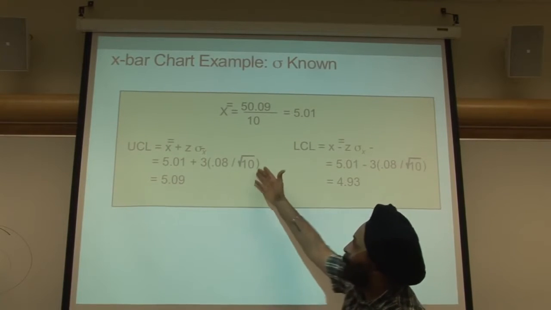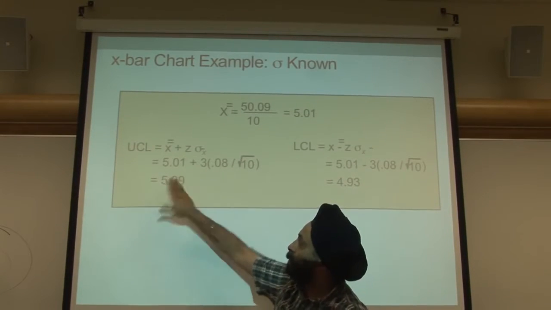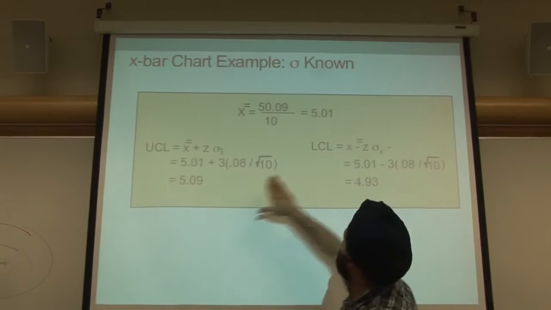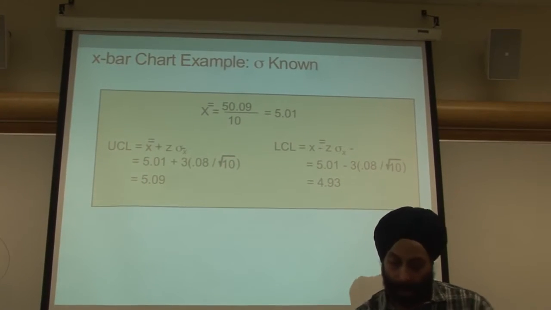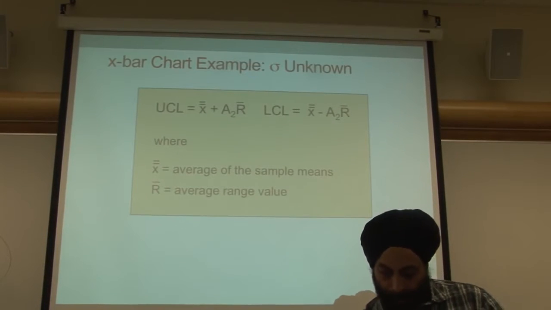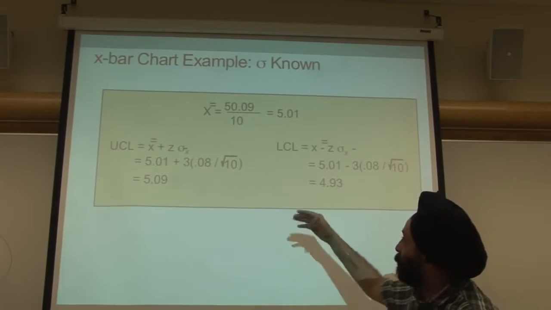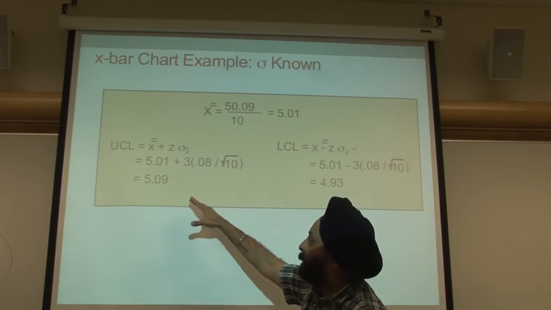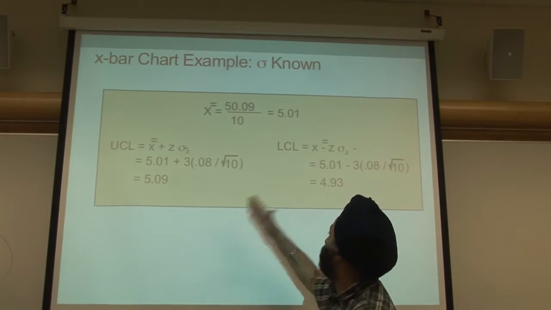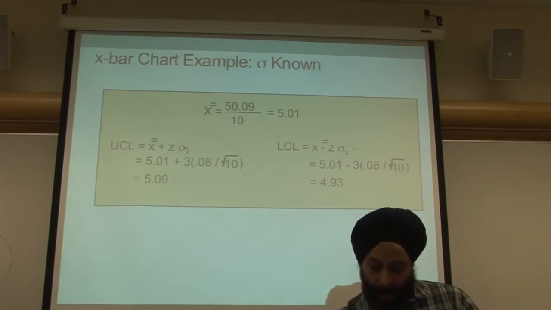After the calculations are done, this will be 5.09. When you subtract, it gives you 4.93. So you can easily check to see if every single X bar value falls between 5.09 and 4.93.